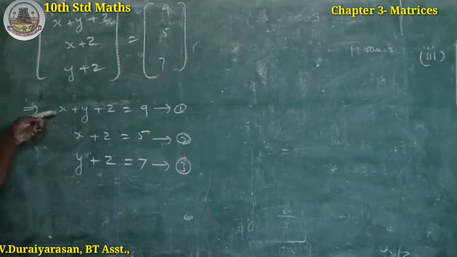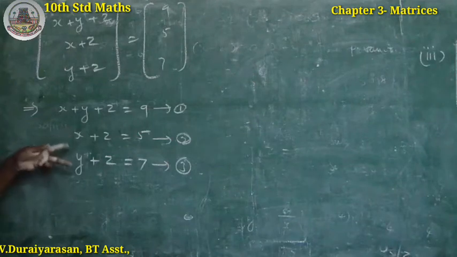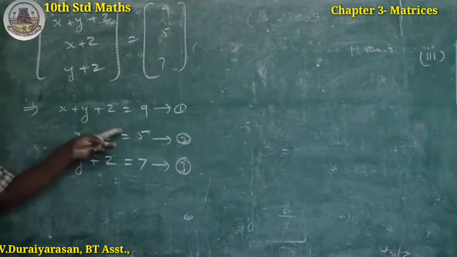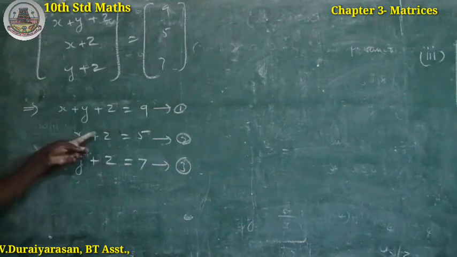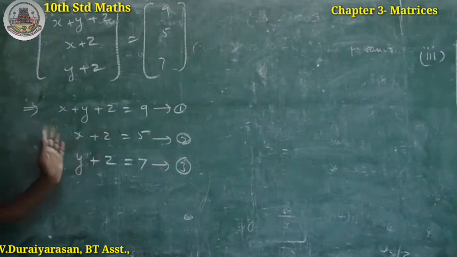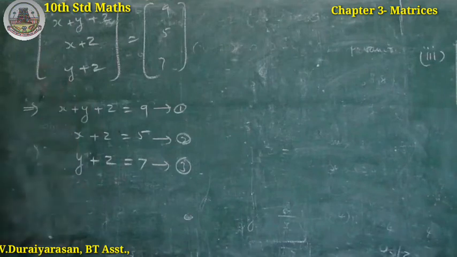Here, 3 variables are there, but in equations 2 and 3, only 2 variables. So, the same variable is eliminated.